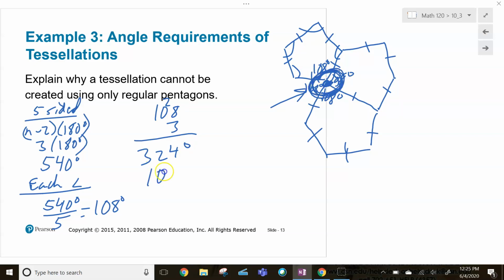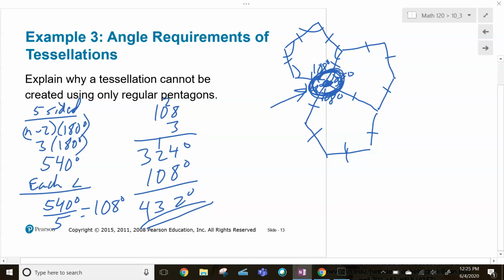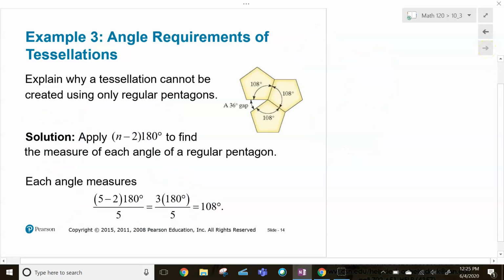So I can't fit another 108 in there because now I'm going over 360, 432 degrees. Here's a little better picture of it. I can fit 3, but I have a 36-degree gap. I can't fit in a perfect 108 degrees right in there. So I can't use pentagons to tile, if you will, to create this perfect tessellation.